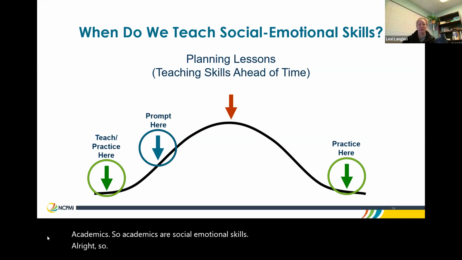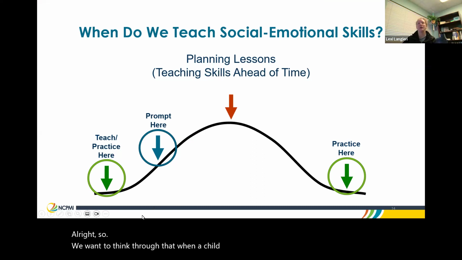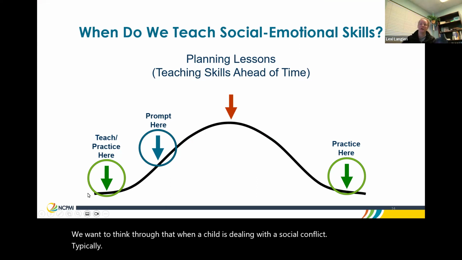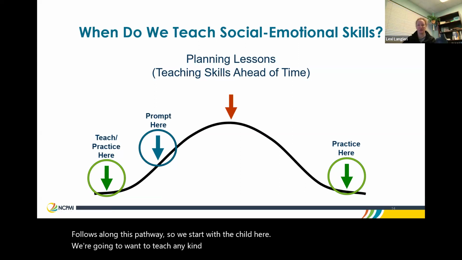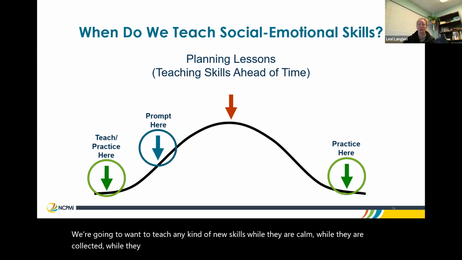we want to think through that when a child is dealing with a social conflict, it typically follows along this pathway. So we start with the child here. We're going to want to teach any kind of new skills while they are calm, while they are collected, while they are comfortable.